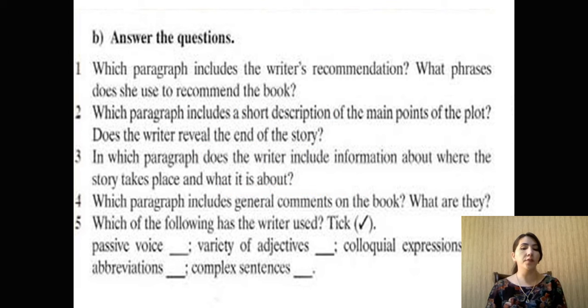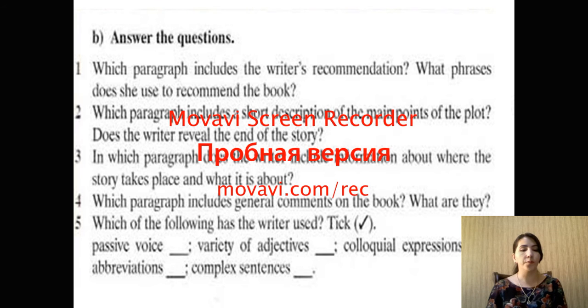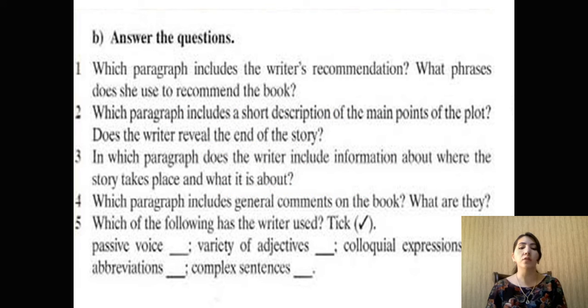In which paragraph does the writer include information about where the story takes place and what it is about? Which paragraph includes general comments on the book? What are they? Which of the following has the writer used? Take them.